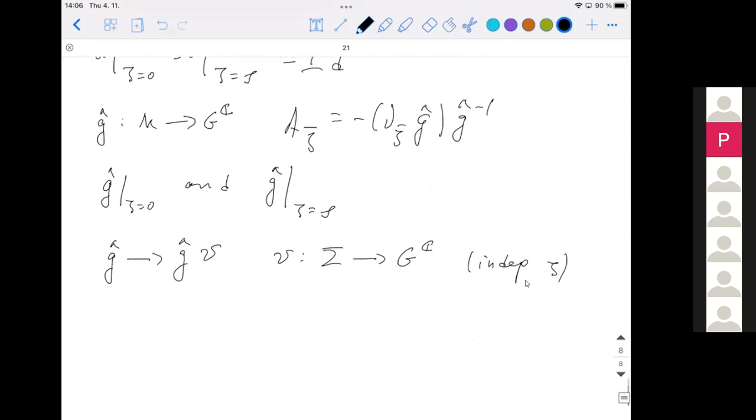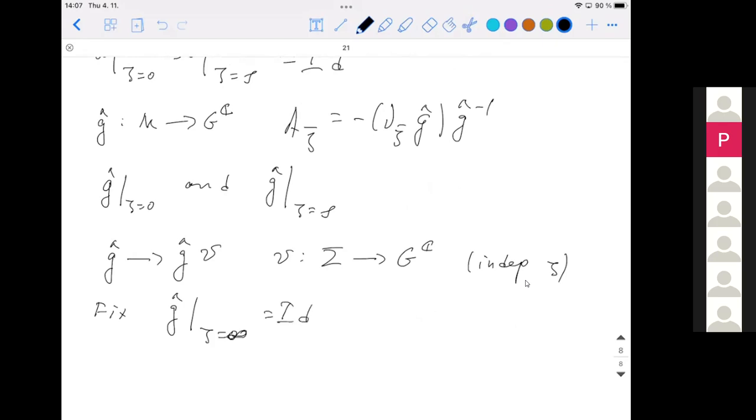So if you apply this freedom again, then we can fix G at, let's say, G at z 0 to be identity, at infinity to be identity.